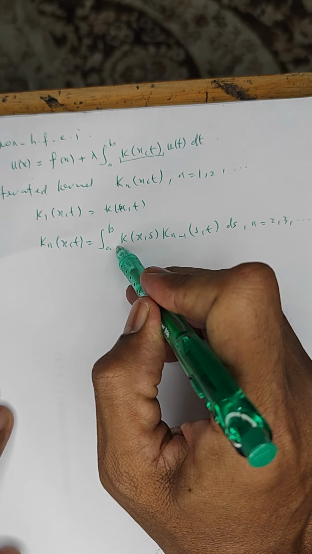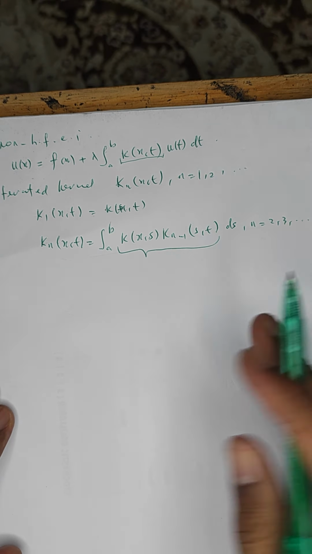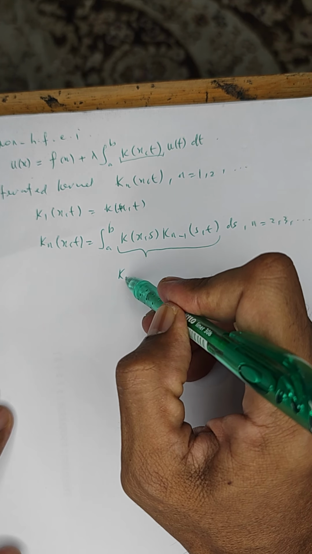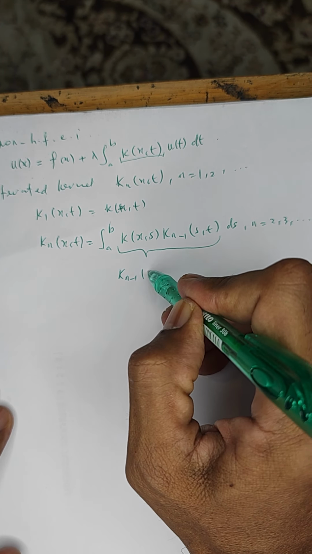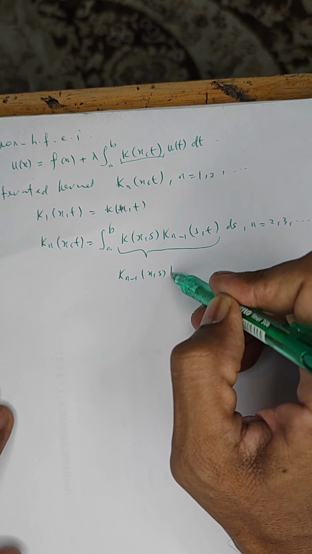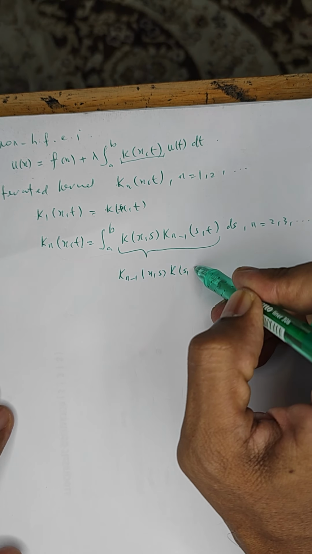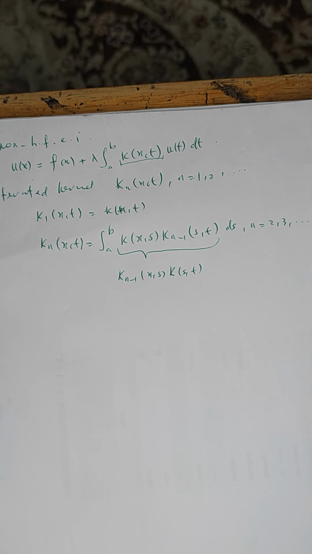Or this can also be written as K_{n-1}(x,s) k(s,t). You give the same answer. This is what we call the approximate kernel or approximate function.